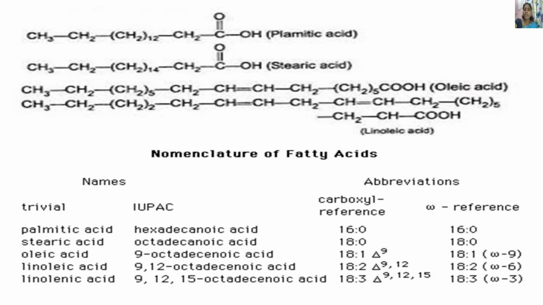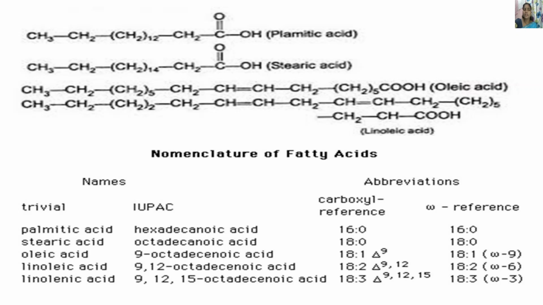The third one, oleic acid, is 9-octadecenoic acid. First you have to quote the number of carbon atoms and the number of double bonds, and the delta 9 indicates the position of the double bond.